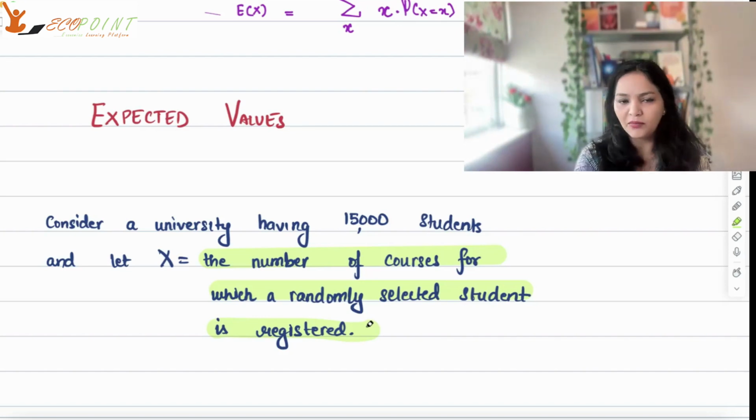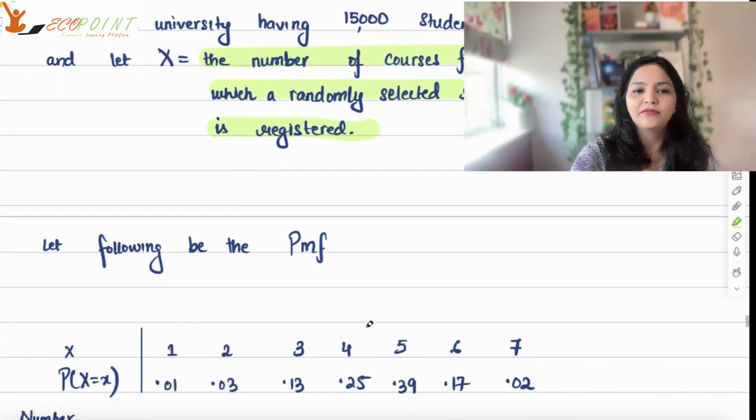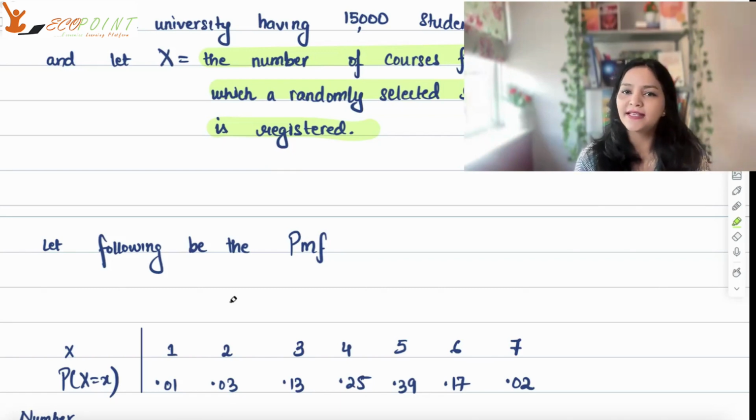So, X is that number. And let's say it follows the following PMF. The maximum number of subjects you can register for is 7 and the minimum is 1. So 1, 2, 3, 4, 5, 6, 7 is the value that X can take, the number of courses that you can register. And it's coming out in terms of probability.